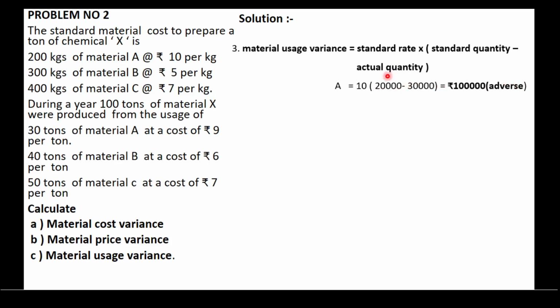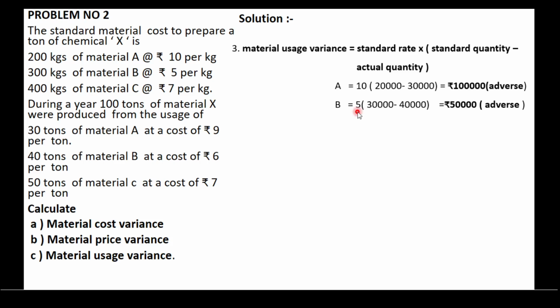If the standard quantity is more than the actual quantity, then it will become favorable. Okay. And the next, for the material B. So here the standard rate of the material B is rupees 5 and the standard quantity of the material B is 300 into 100, that is 30,000 kgs, minus actual quantity, that is 40 into 1000 kgs, it means 40,000 kgs.